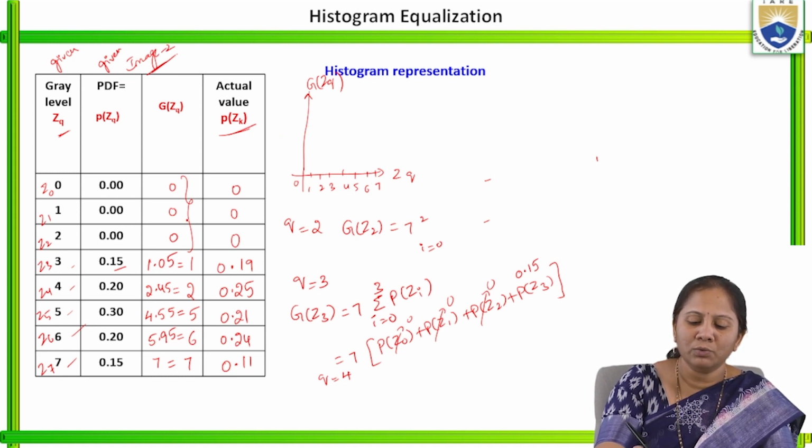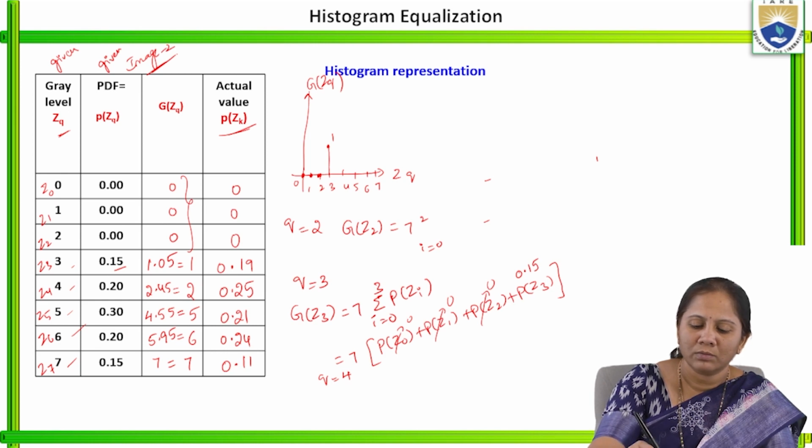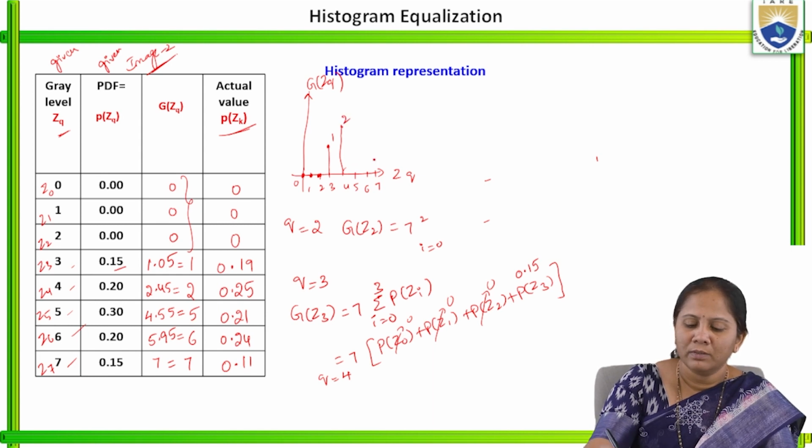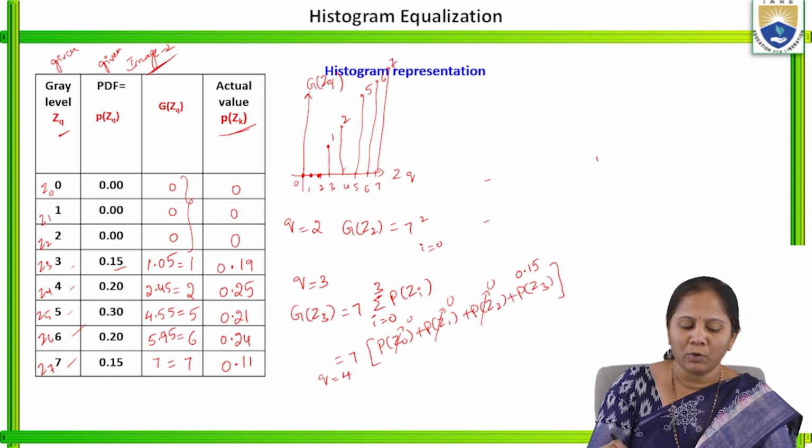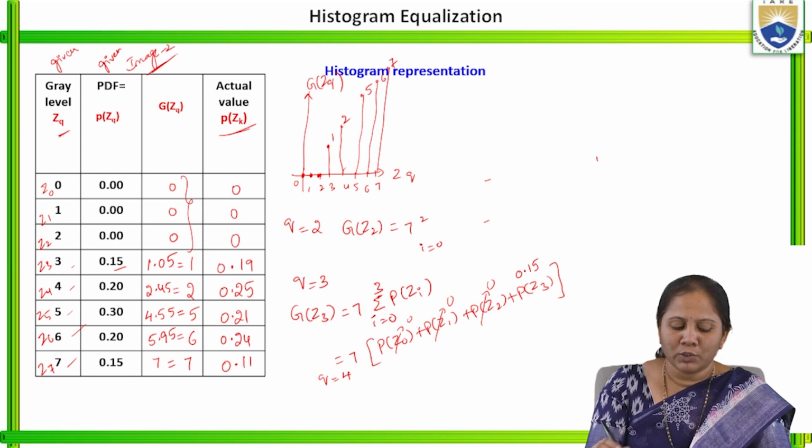For 0, 1, 2 we have all zeros. For the value 3 we have 1. For the value 4 we have 2. For the value 5 we have 5. For value 6 we have 6, and for value 7 we have 7. So like this we have to represent the histogram.